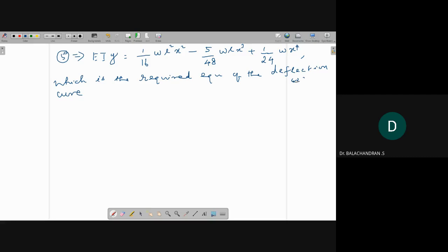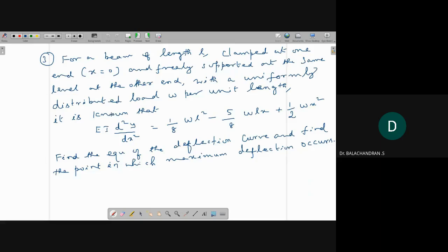Deflection or elastic. Okay. So now we need to find the second part. What is the second part? Find the point in which maximum deflection occurs.